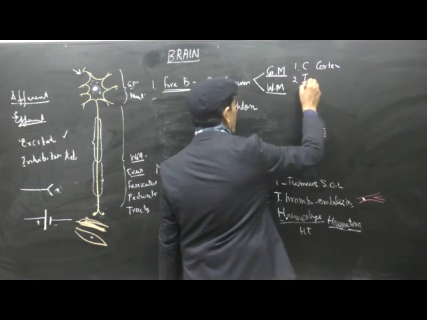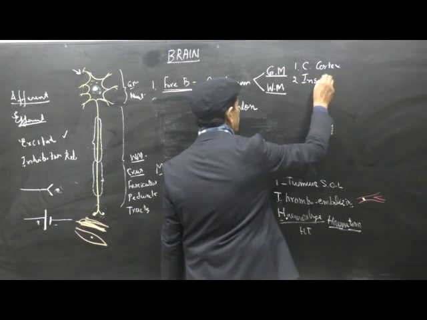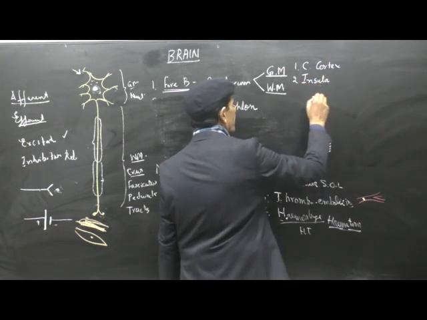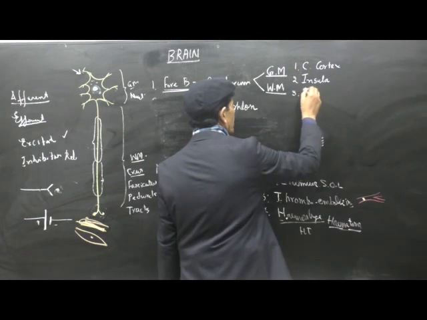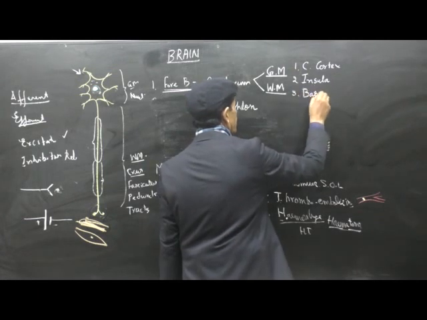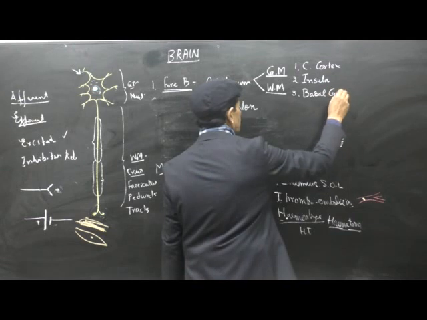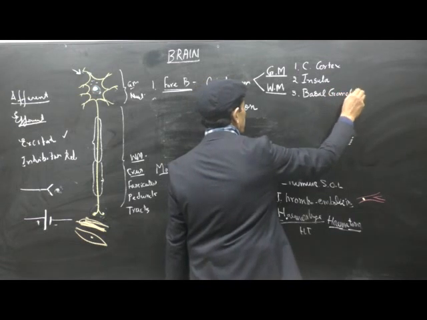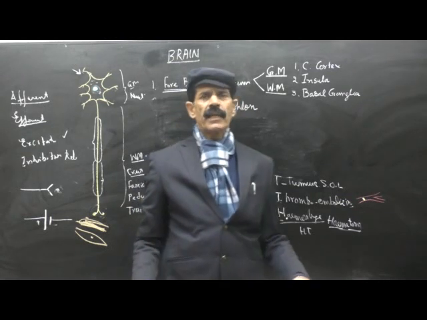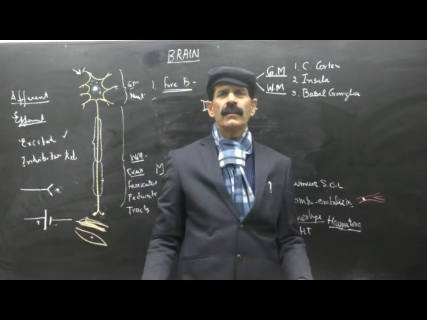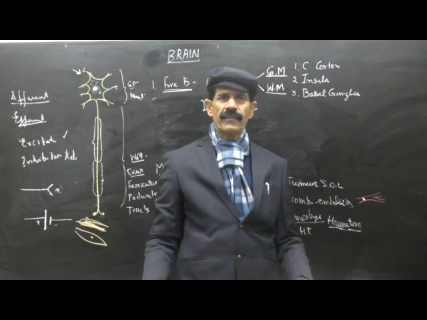Then I will talk about the insula, a little buried part of the grey matter. Then the third part, called the basal ganglia. We will do these one by one next time.